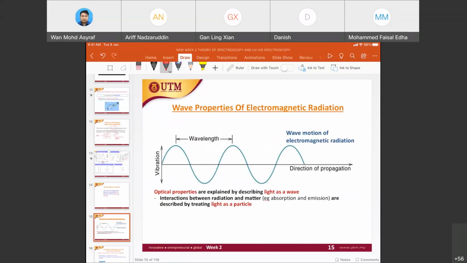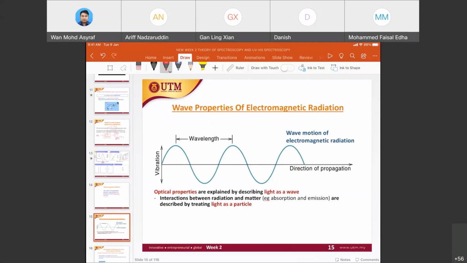Okay, so earlier we looked at electromagnetic radiation in terms of its waves, its wave number and wavelength. It shows the wave properties of electromagnetic radiation: it flows in a wave pattern, so that's why we call it a wavelength.